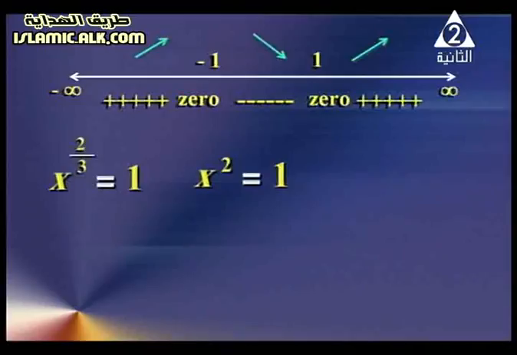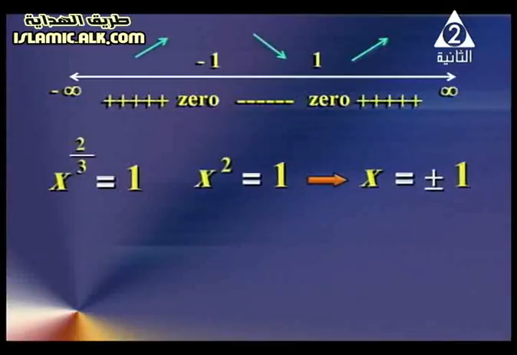Then x power 2/3, all to the power 3/2, equals 1 to the power 3/2. What is the value of the left hand side? It is x power 2. The right hand side is 1. What is the value of x? Negative or positive 1. After we set f dash x equals 0 and find the value of x, then x in this case equals positive or negative 1.